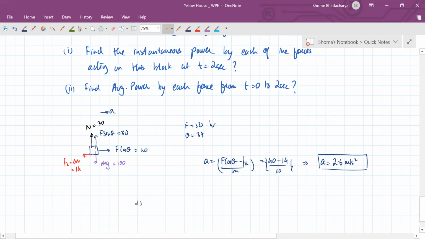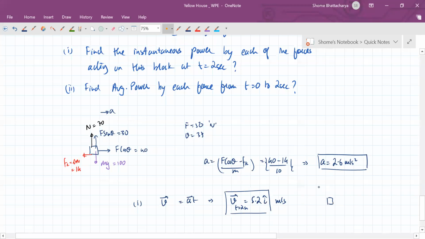So for the first part, we can see that the velocity of the body at t equal to 2 seconds, so in general, we can write the velocity like this. Okay. So at t equal to 2 seconds in particular, it will be 5.2 i cap in meters per second.